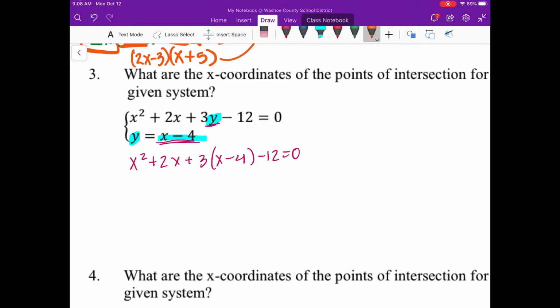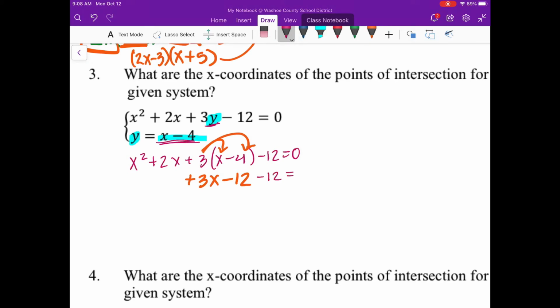So I'm going to go ahead and simplify this. The only thing that's affected by me substituting in the y value is the 3. So the 3 is going to simplify into something else. I have to distribute the 3 through. So this is 3x, and then this is going to become minus 12. Everything else in here should stay the same.